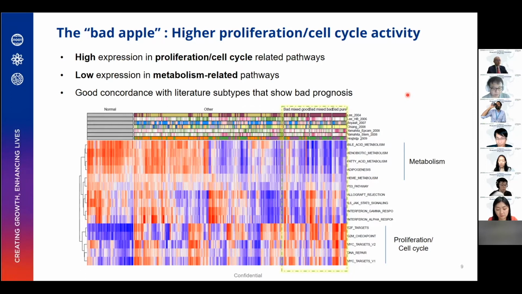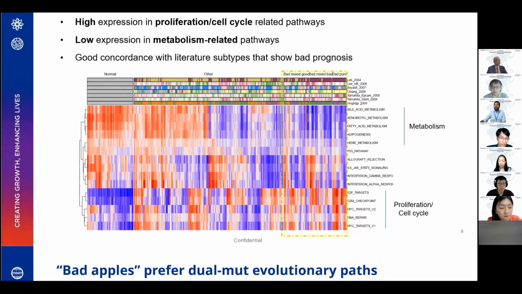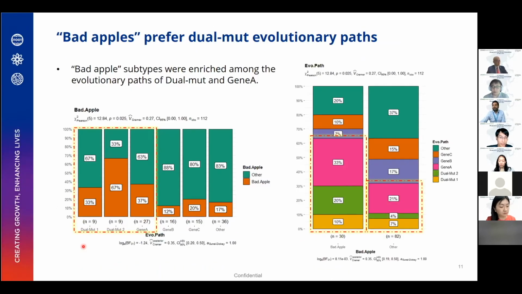Then we ask whether it has anything to do with the evolutionary subtype we found before, and as you may guess, maybe these are enriched in the dual mutation subtype, which tends to show worse survival. Indeed, we observed this phenomenon in the dual mutated subtypes, including the subtype that has a gene A mutation. Again, a reminder that all these 3 subtypes contain gene A mutation as a truncal early event.